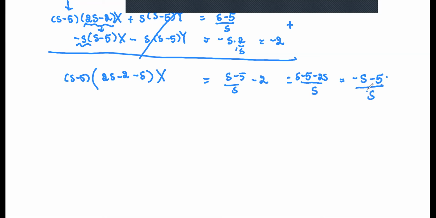So now we have the x with its coefficient, and the right hand side is a fraction in the s term. So we divide both sides by the coefficient of the x.